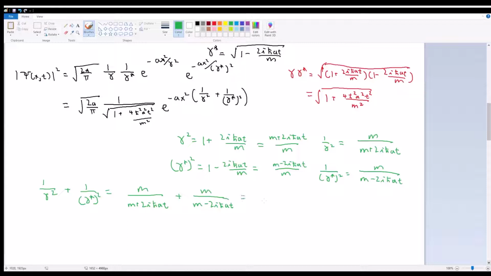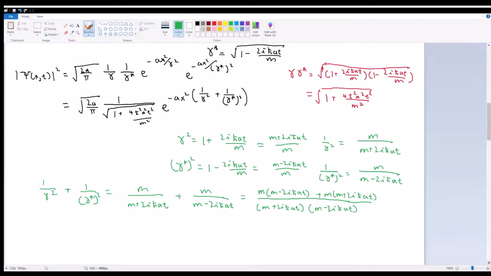We just have to combine these, so what we have is m plus 2i h bar at times m minus 2i h bar at, all divided by m times m minus 2i h bar at plus m times m plus 2i h bar at.